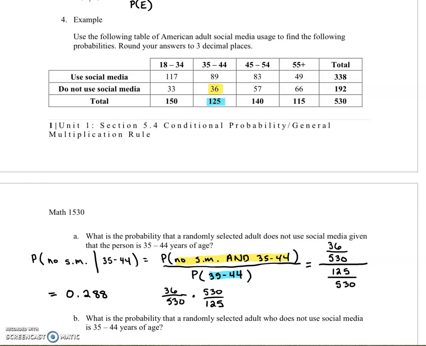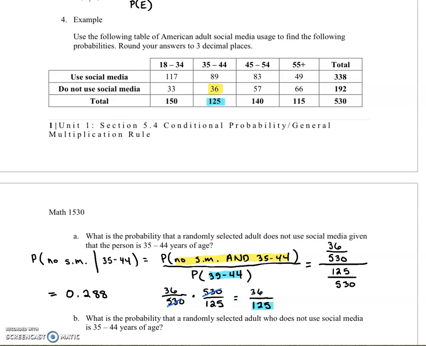Every time we do a conditional probability, the total sample size is going to cancel out. And we're left with just the number in the yellow category divided by the number of the given category. So you can see the 125 came from the given event because we already knew that the person had to be between 35 and 44.